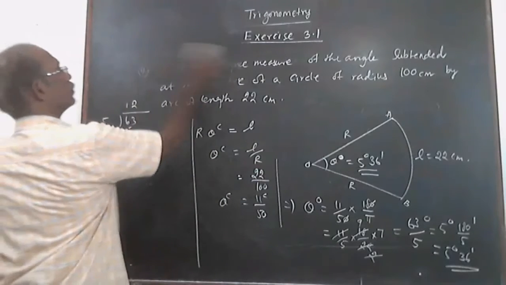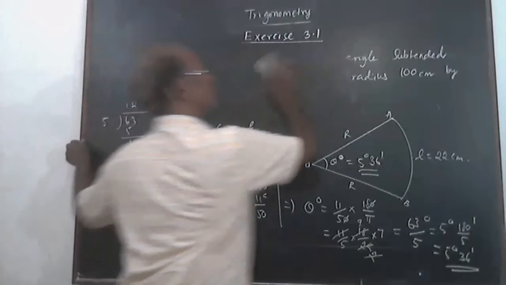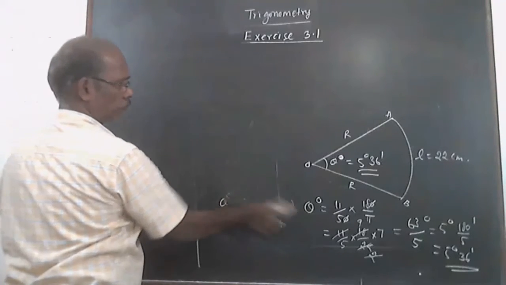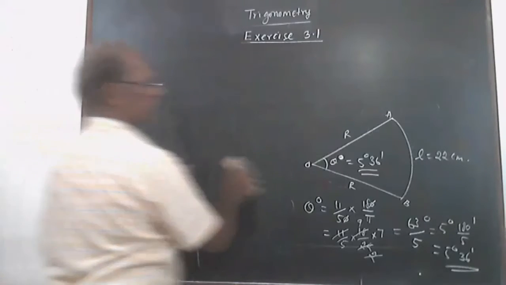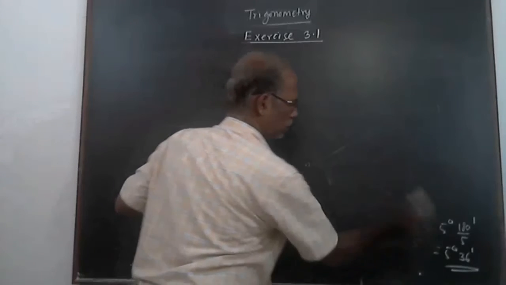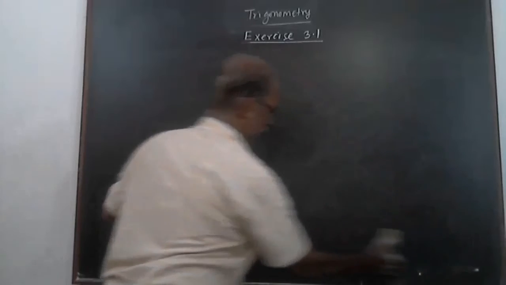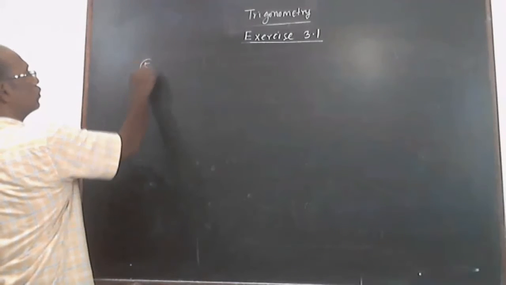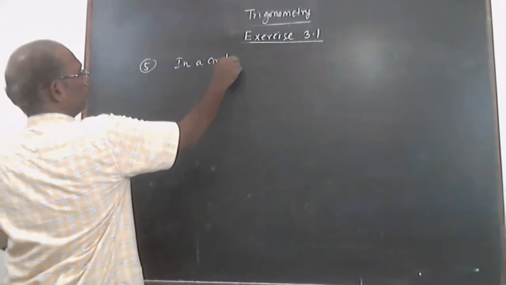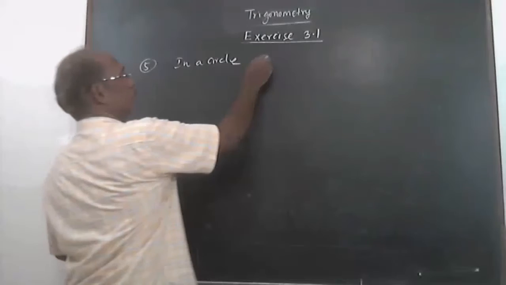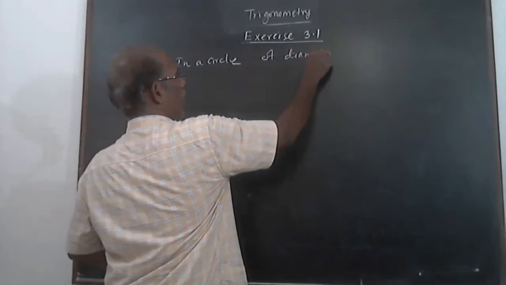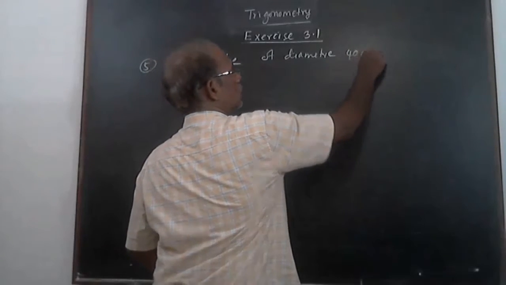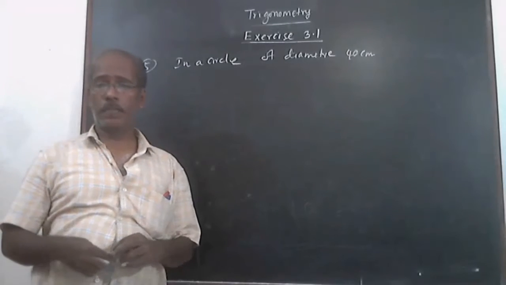Question number 5. In a circle of diameter 40 centimeter, 2r equal to 40 centimeter means radius equal to 20 centimeter.